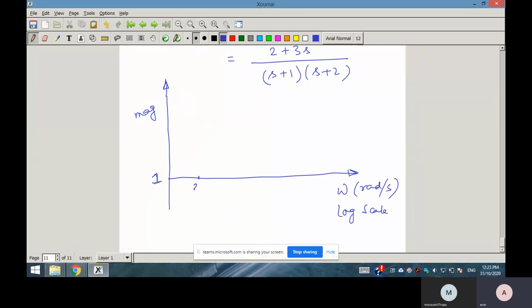So now if you draw T(jω), what are the cutoff frequencies? Numerator 2 by 3, then 1, then 2. Although my drawing is not according to scale, this is 3. I have just extended it. So for 2 by 3, you can draw like this.